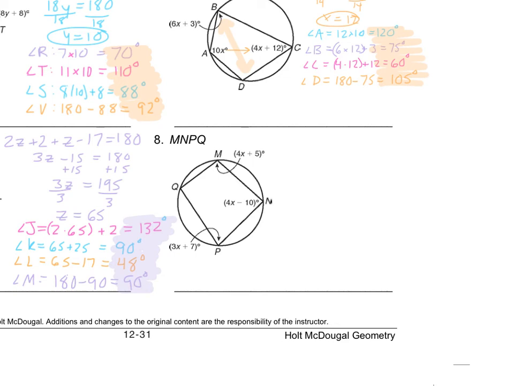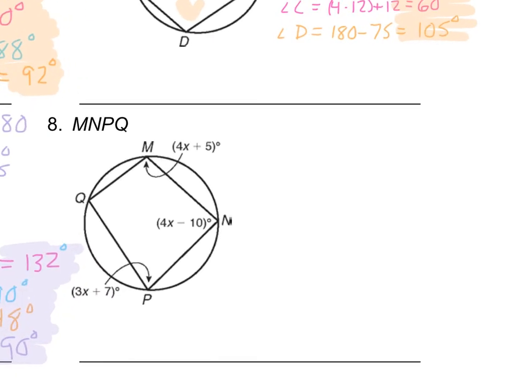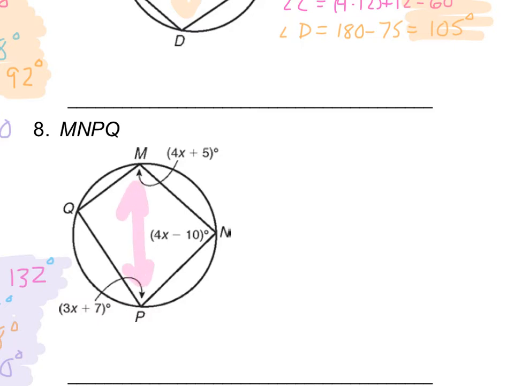Okay, and our last one, number 8. So we're going to start with our two opposite angles and add them and set them equal to 180. So 4x plus 5 plus 3x plus 7 is equal to 180.